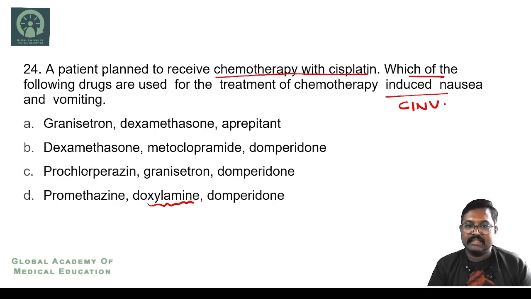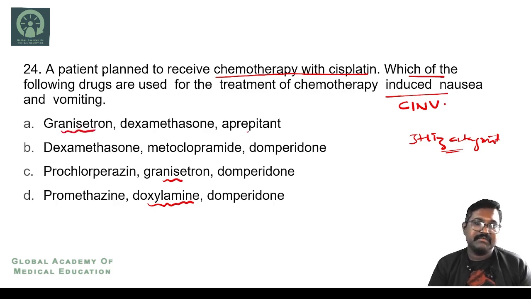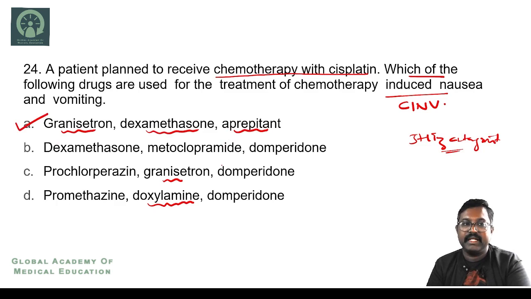The better option will be the 5-HT3 antagonist. So we have granisetron here. Again please remember, in case of chemotherapy induced nausea and vomiting, we'll be better to use corticosteroids and the aprepitant. So the right option will be granisetron, dexamethasone and the aprepitant.